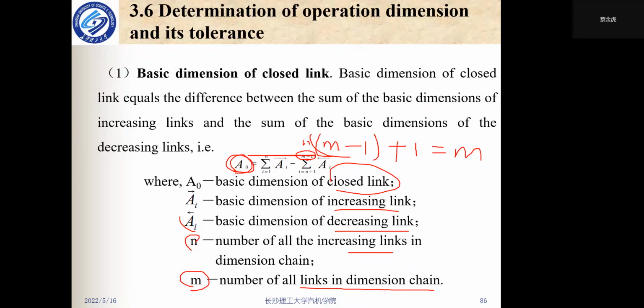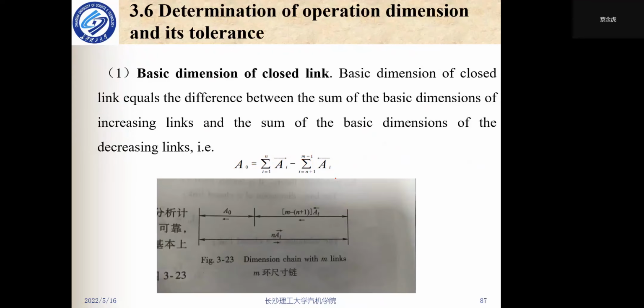Then we will go to the next chapter. Let us take this as an example. I0 is the closed link, and the basic dimension of the closed link can be calculated as the increasing links minus the decreasing links.